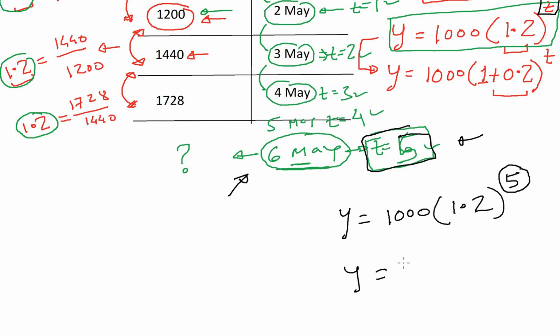If you use your calculator, you should be able to find this out. This is roughly 2488.3, but you can ignore the decimal here. That won't make too much sense because the number of cases cannot be a fraction or decimal. It can be in certain situations, but not in this one. So we can expect 2488 cases on the 6th of May.